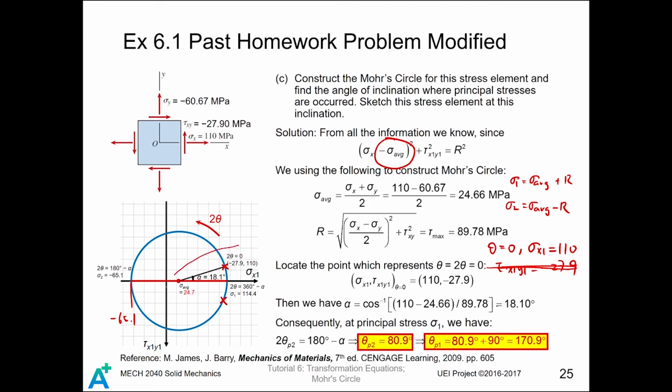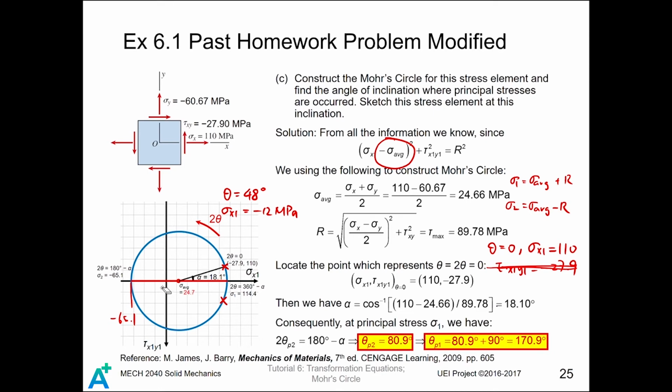For this case, if we consider theta equals 48 degrees, then by the given condition, sigma x1 equals minus 12 million pascal. Let's rotate this line by 96 degrees. Then it will lie in a region like this, and this point represents that sigma x1 is slightly negative.